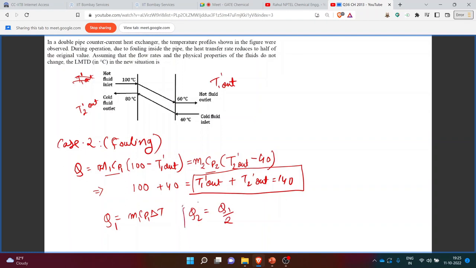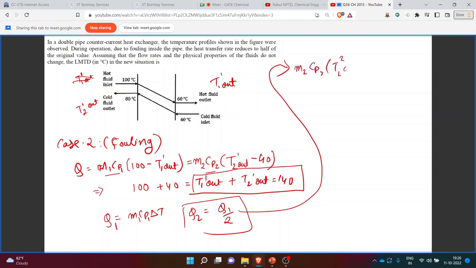So using this correlation, we can write it as, for Q2 it will become m2 cp2 upon (T2 dash out minus 40) is equal to m1 cp1 into delta T, which in both of these cases was 40.